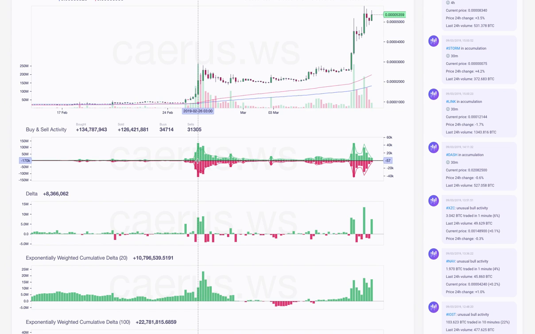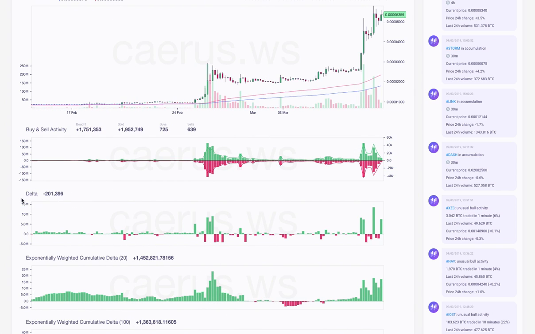So we can see how much of the asset was bought and sold in that time period. The green candles are the total buys and the red ones are total sells. And the line demonstrates how many trades have been made, how many buy trades and how many sell trades respectively.